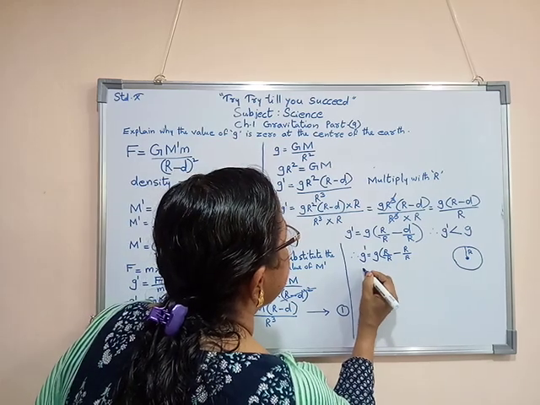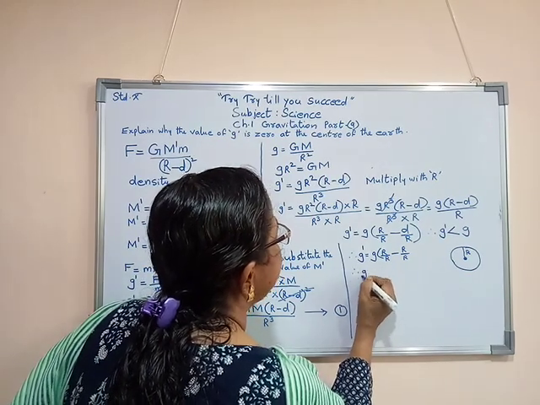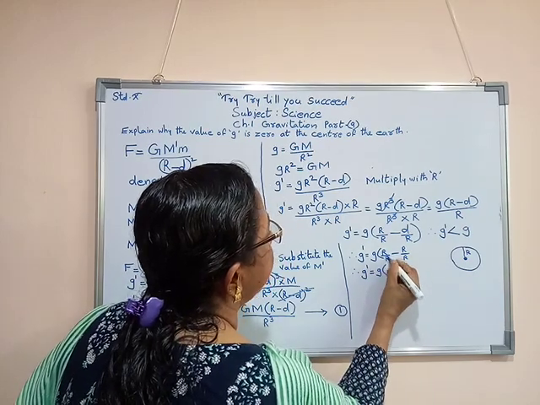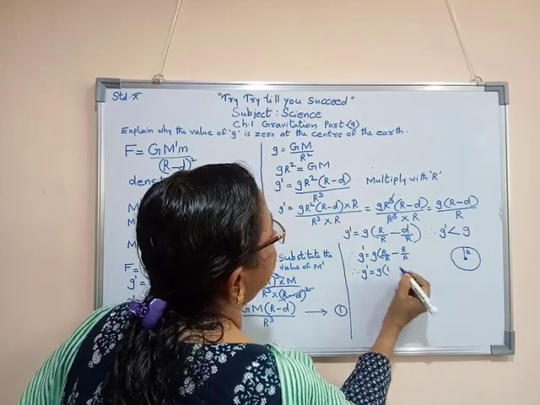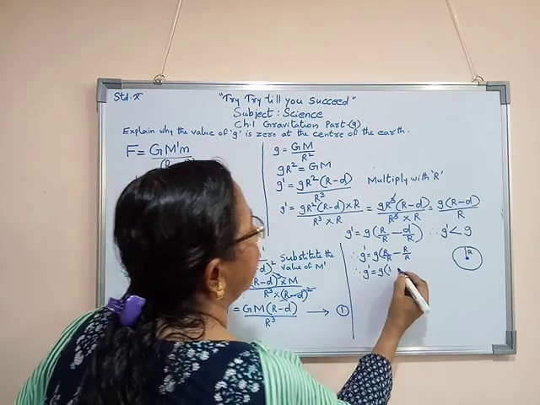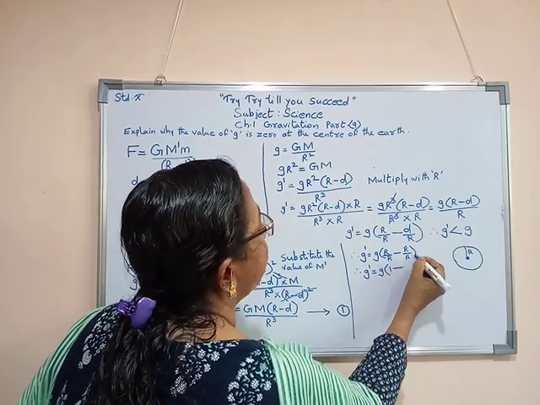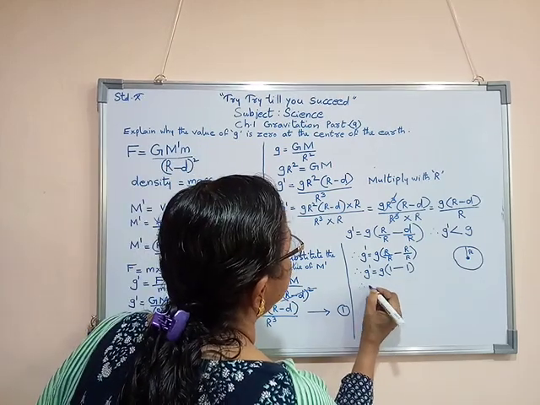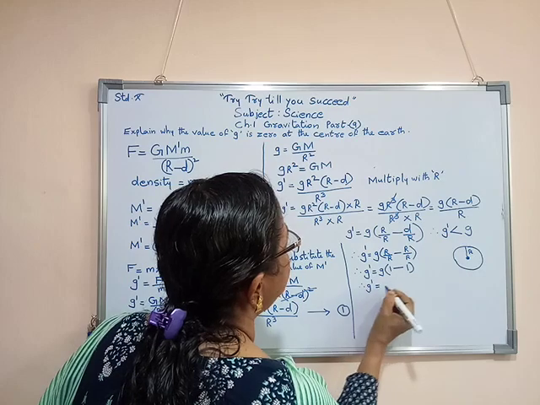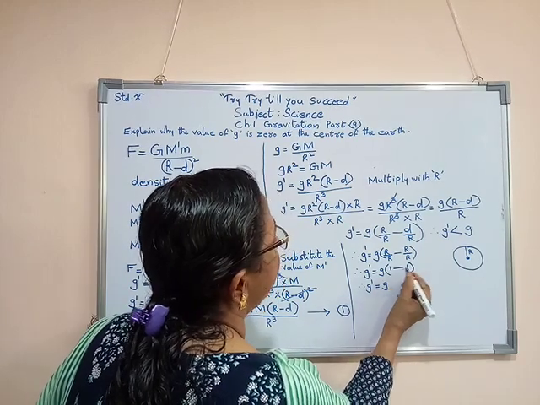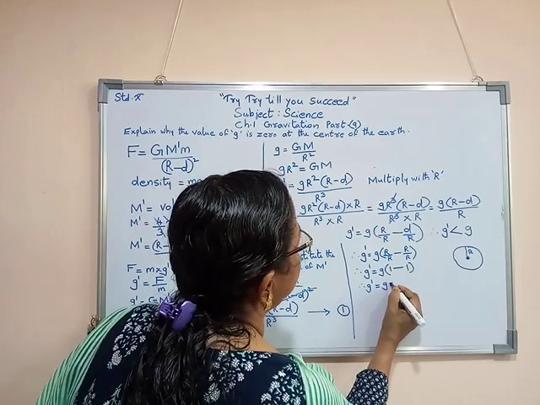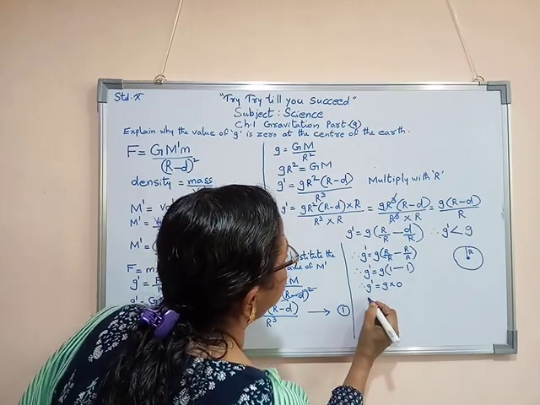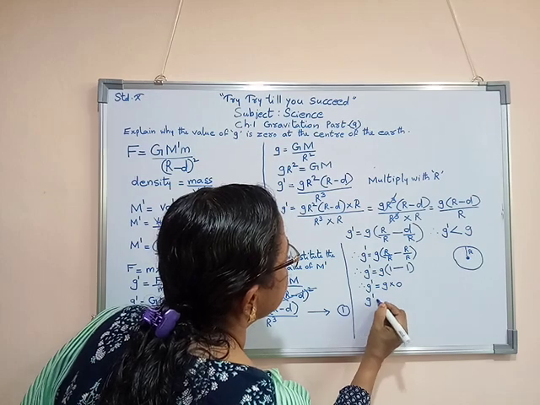In this case, therefore G dash is equal to G into, here R upon R means 1, minus again R upon R, that is again 1. Therefore G dash is equal to G into 1 minus 1, that is equal to 0. So when we multiply G with 0, we will get the answer 0.